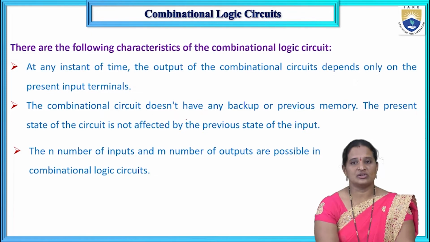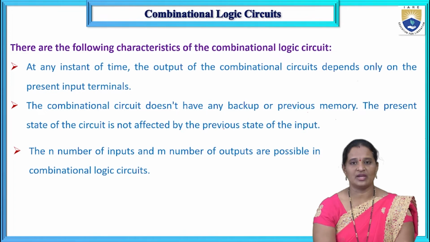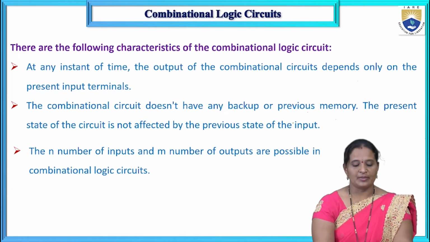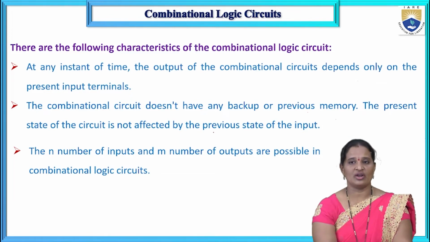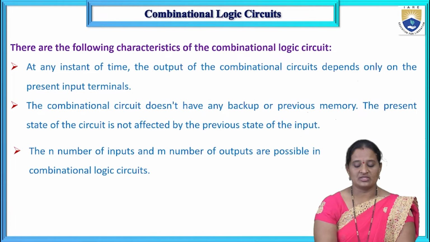The combinational circuit does not have any backup or previous memory because it does not require any previous state or previous inputs to be stored. The present state of the circuit is not affected by the previous state or the previous input.